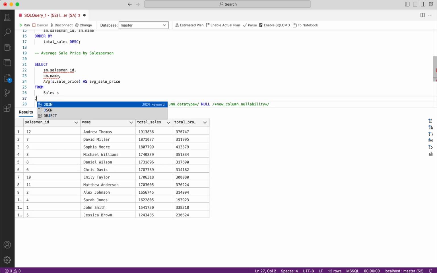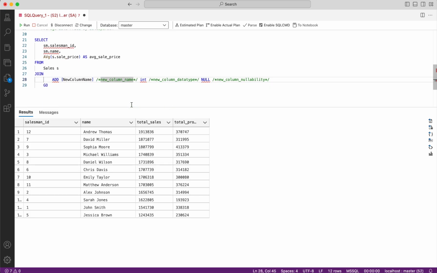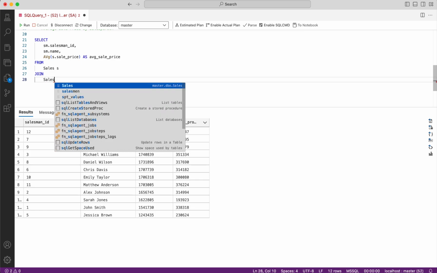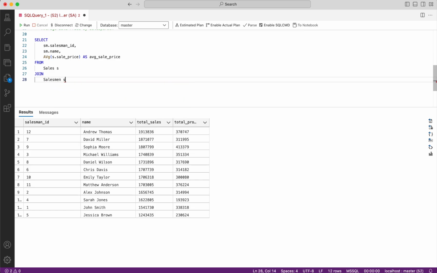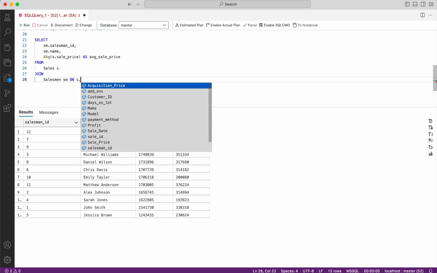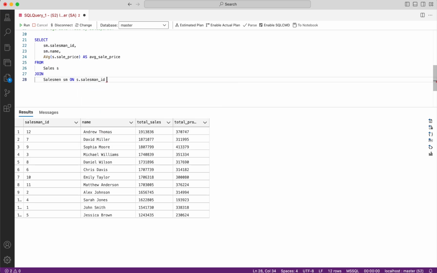And we're going to join our salesman table on salesman ID.